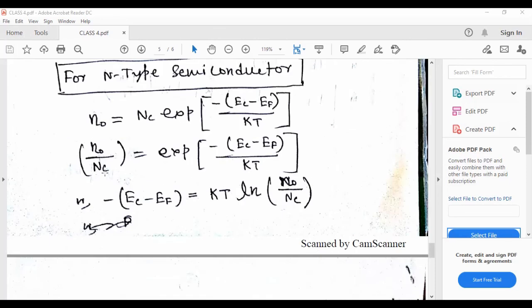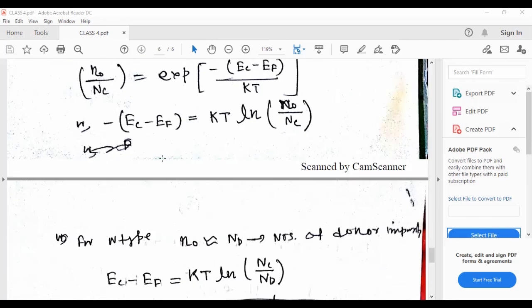Now let me rewrite this equation in another way. If we take the natural logarithm on both sides, natural logarithm of n0 upon Nc is equal to minus (Ec minus Ef) upon kT. So if you multiply it by kT, you will have this equation.